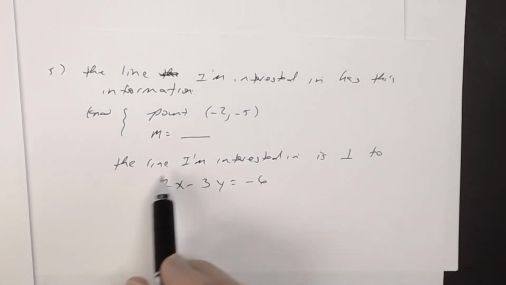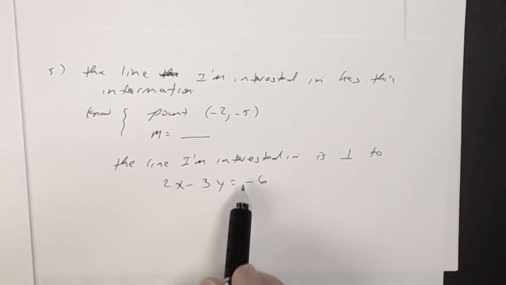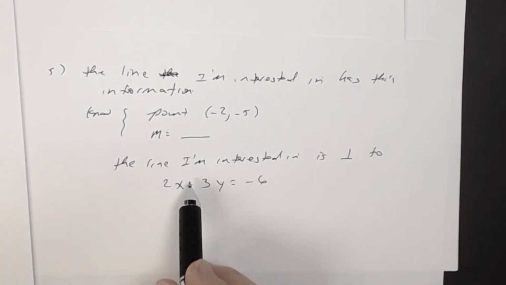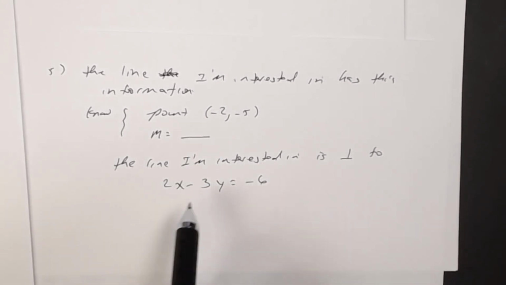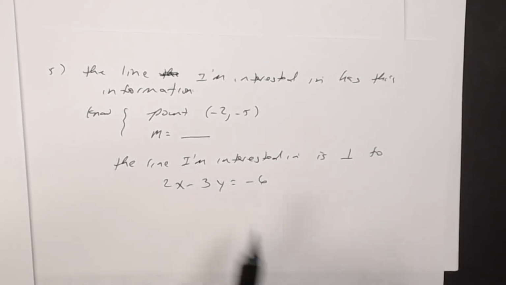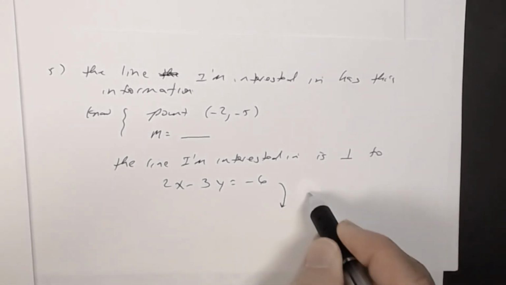So if I could find the slope of this line, then I know the slope of that line because they're perpendicular. Okay, so let's go ahead and write this in slope-intercept form.